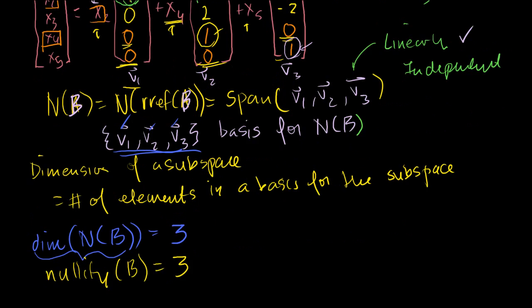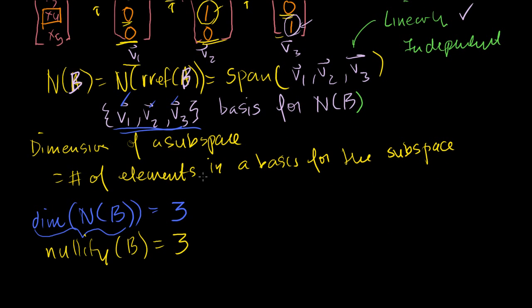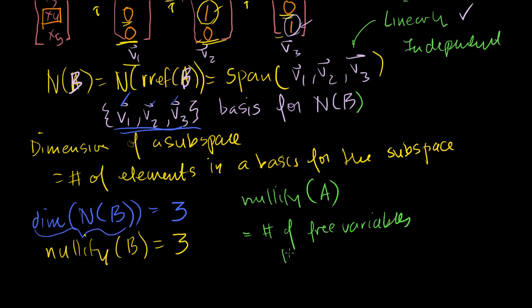So in general, the nullity of any matrix, let's say matrix A, is equal to the number of, I guess you could call it free variable columns, or the number of free variables in, well, I guess we could call it in the reduced row echelon form of A.